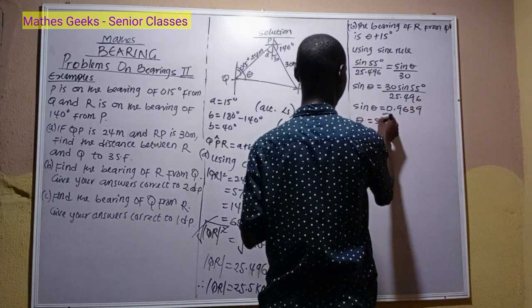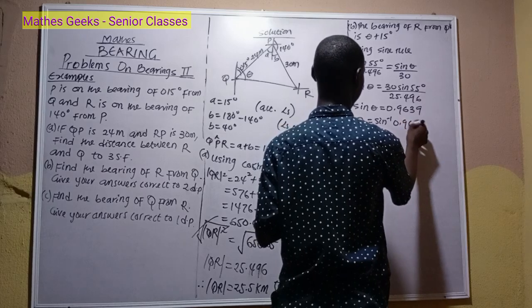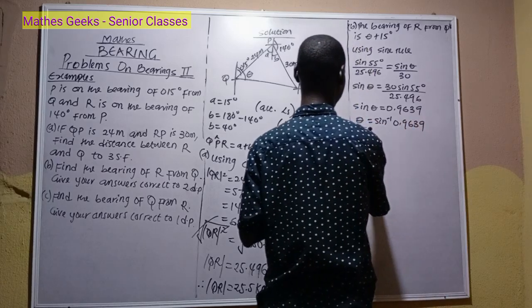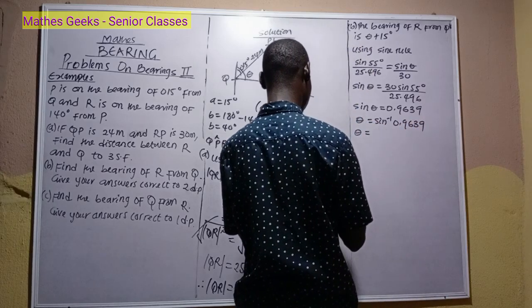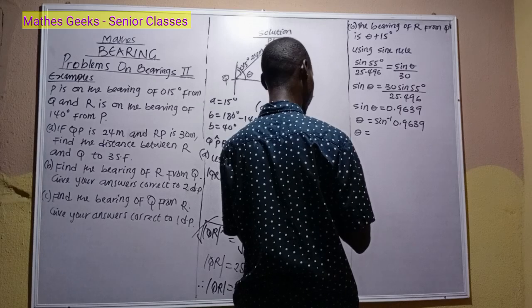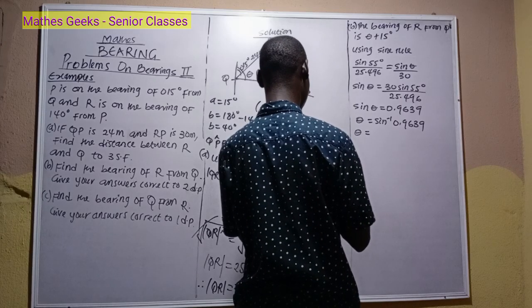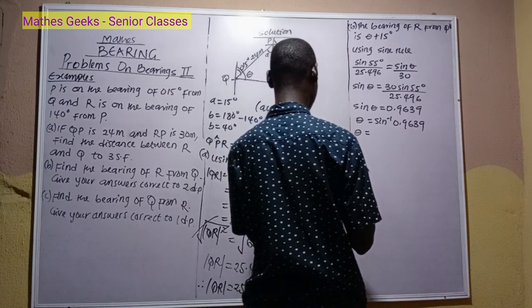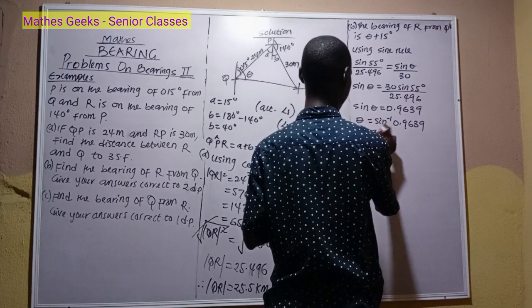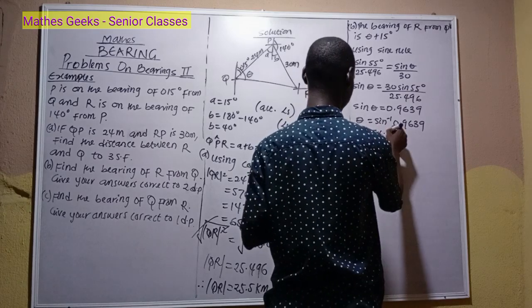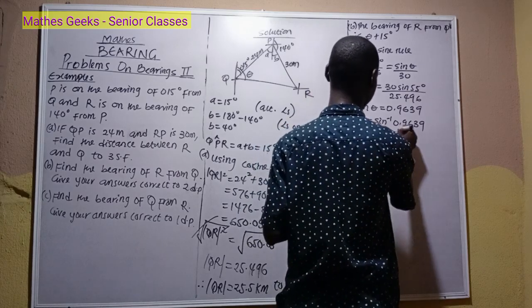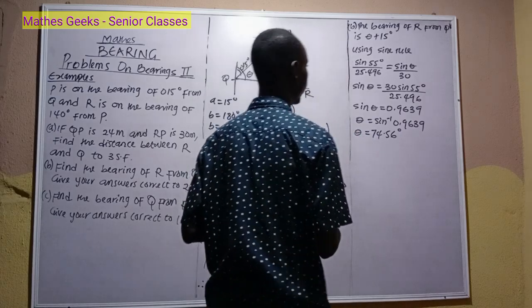So theta is equal to arcsine of 0.9639, which is 74.56 degrees. So theta is 74.56 degrees.